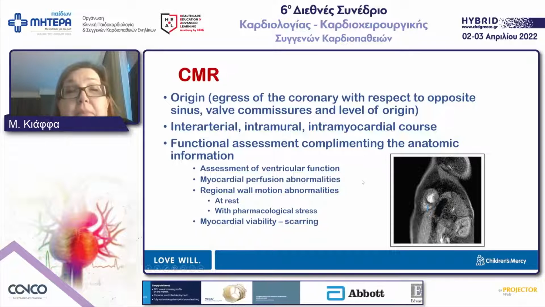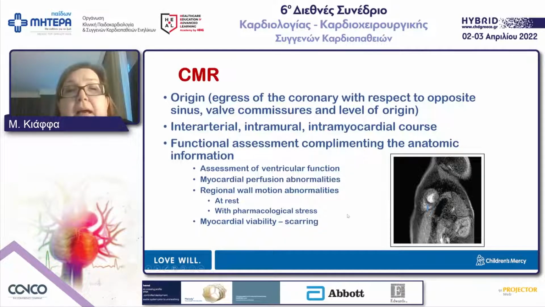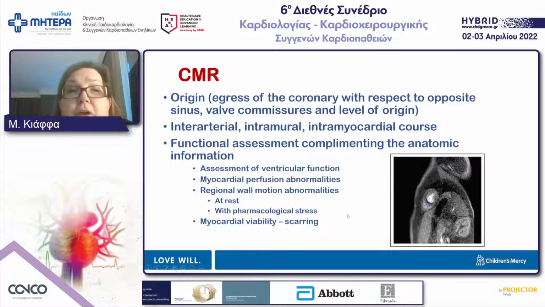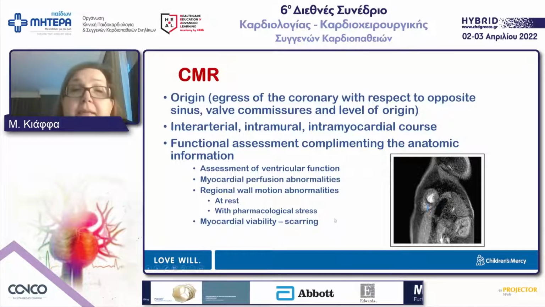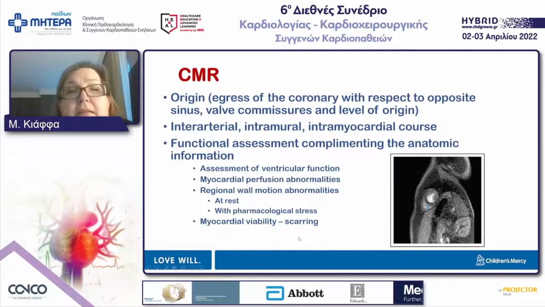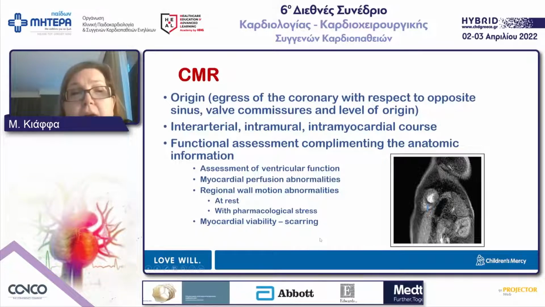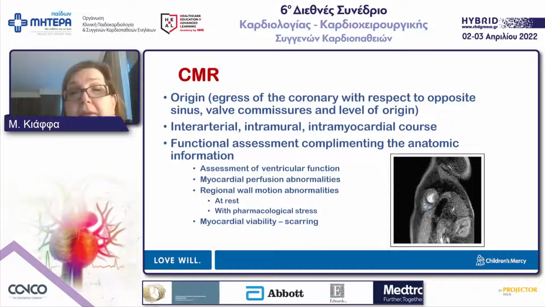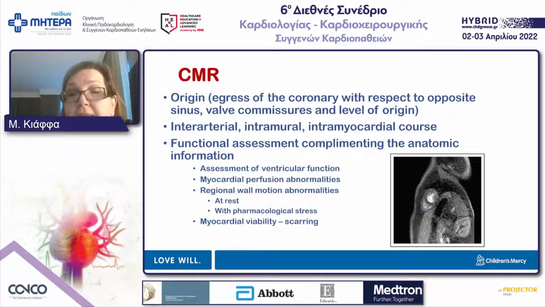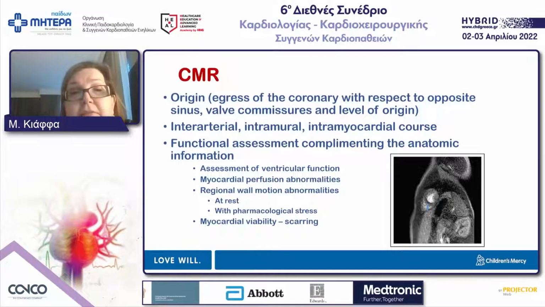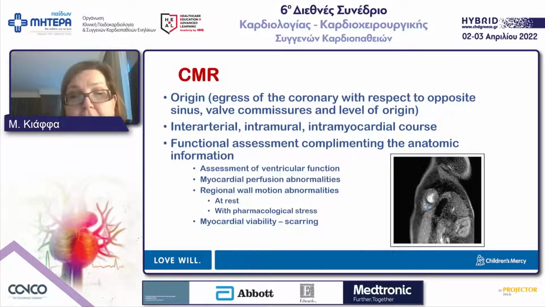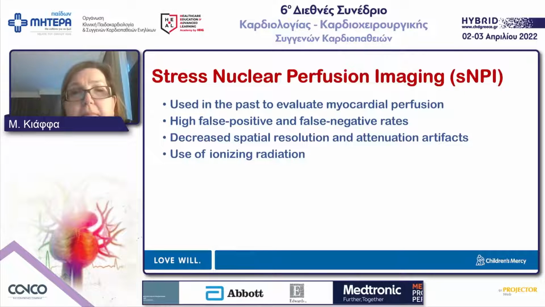Most importantly, it will give us functional data: assessment of ventricular function, myocardial perfusion abnormalities, regional wall motion abnormalities at rest or with pharmacological stress, and myocardial viability and scarring, which in a lot of kids with sudden cardiac events is present when you do MRI on them.